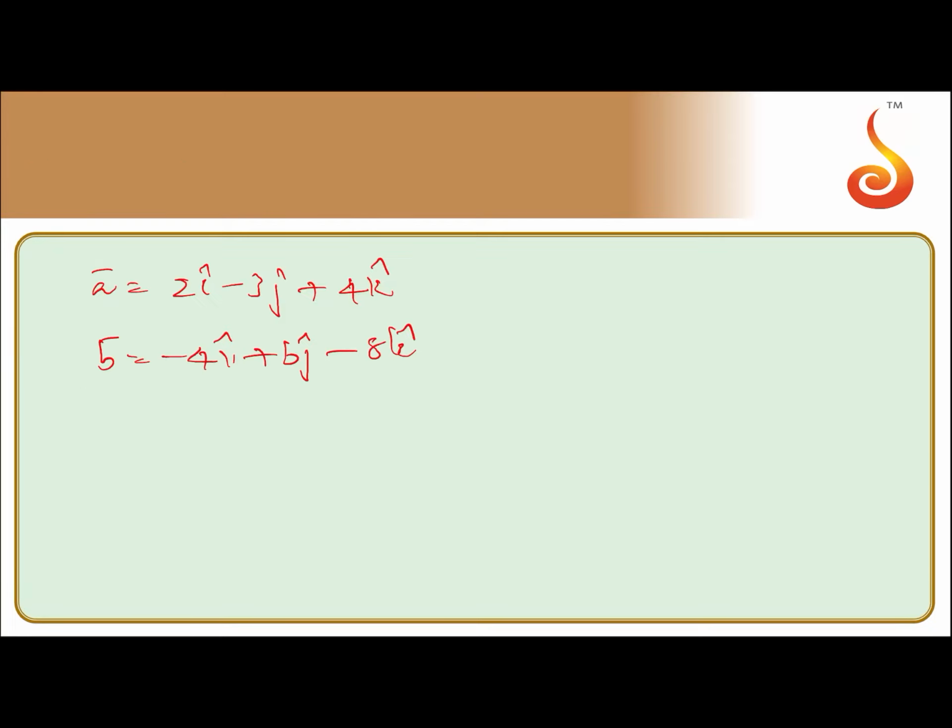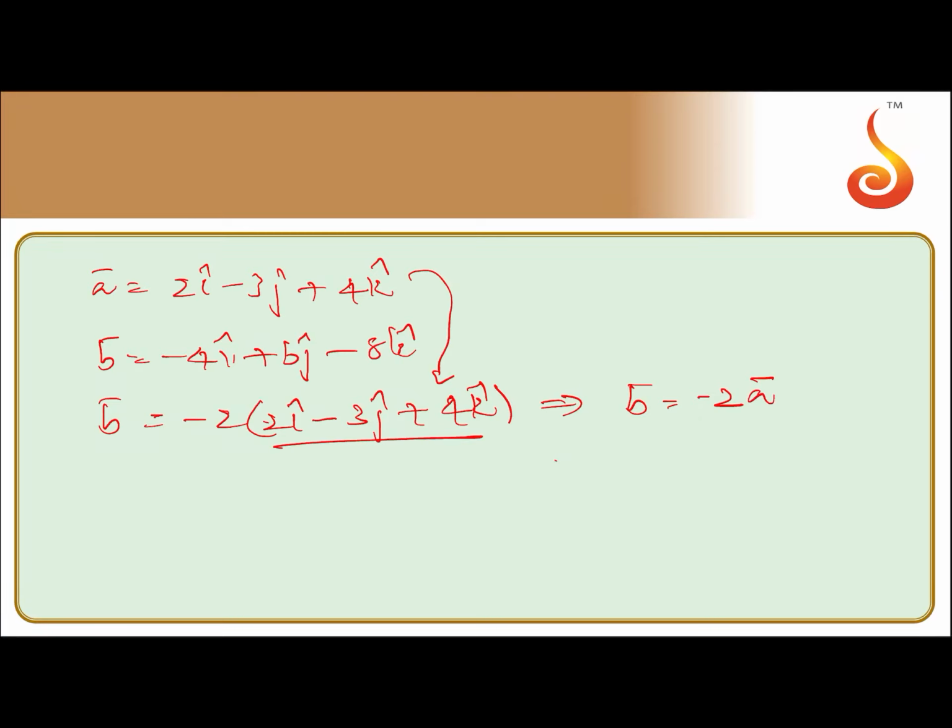Can I take b vector and take a common here? So b vector, if you take out minus 2 common, is minus 2 into 2i minus 3j plus 4k. But this is the vector a bar. Therefore, I say that b bar is equals to minus 2a.